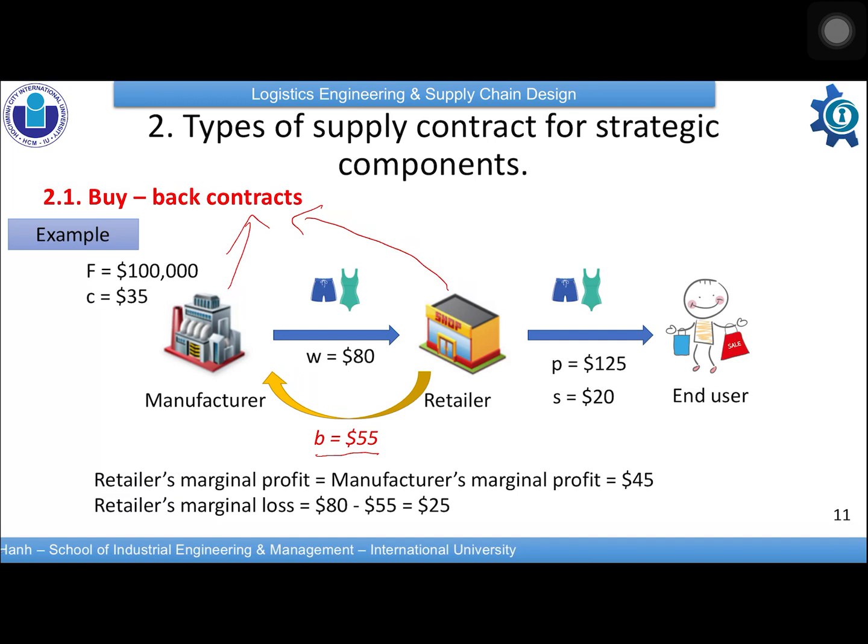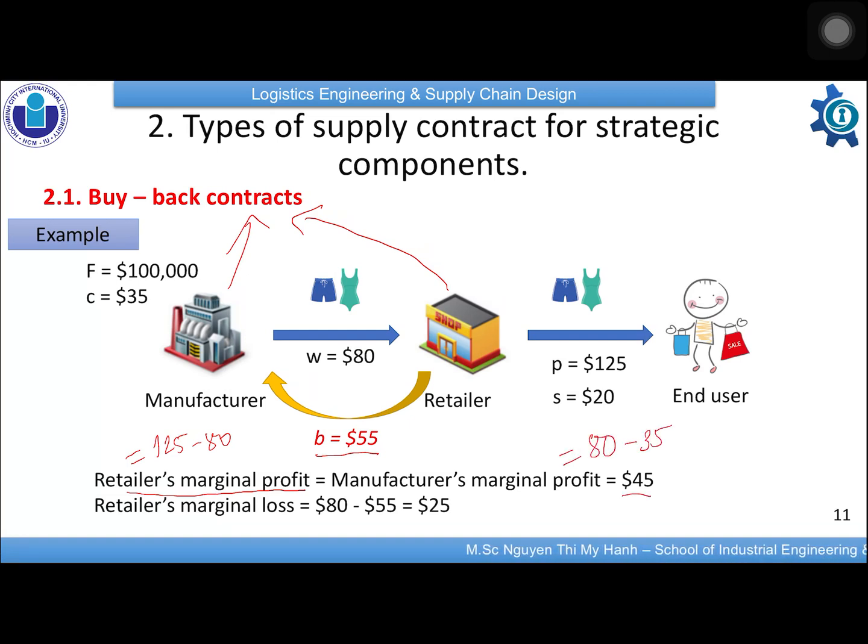Using the same logic as the first example, we can calculate the retailer marginal profit: 125 minus 80 is equal to 45, and the manufacturer marginal profit is 80 minus 35, which is also 45. For the retailer marginal loss, they buy at the price of 80 and sell back to the manufacturer at 55, so they lose $25.